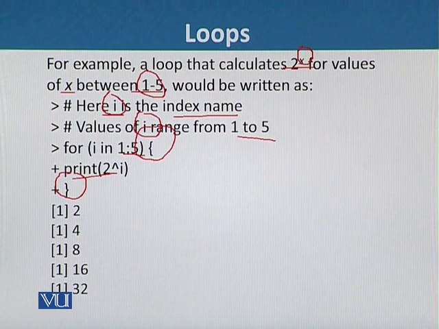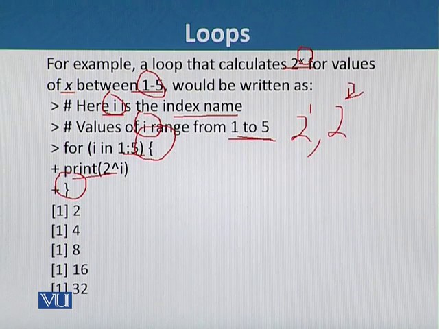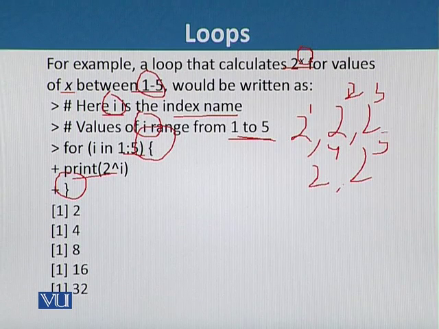When we write the command this way, it means that this 1 to 5 will be repeated several times. First it will be 2 raised to power 1, then 2 raised to power 2, then 2 raised to power 3, 4, and the last is 2 raised to power 5.